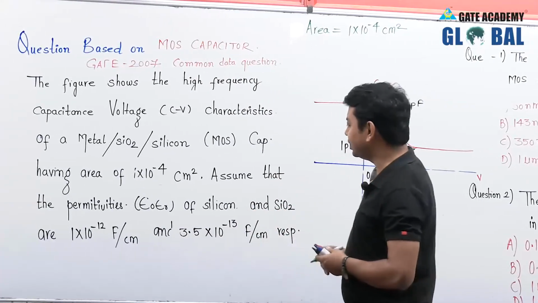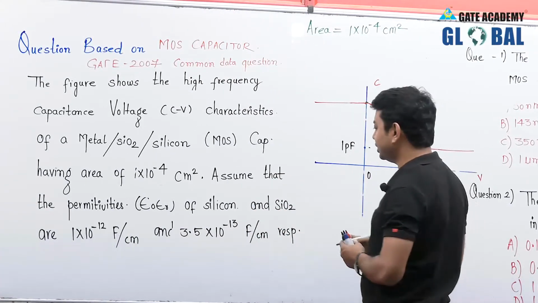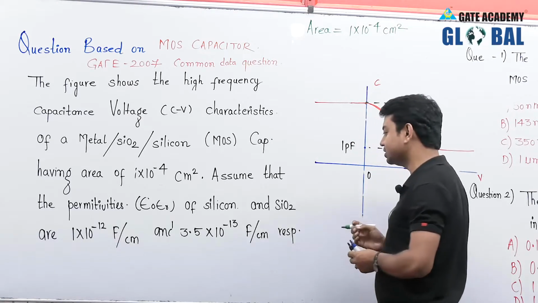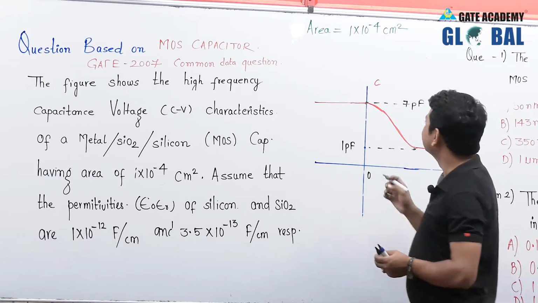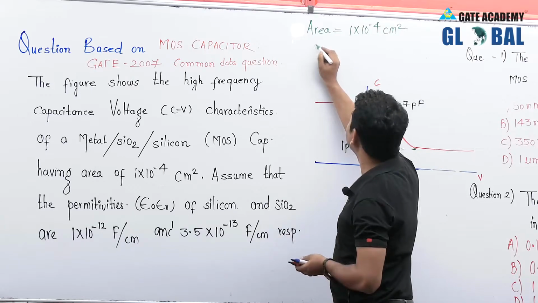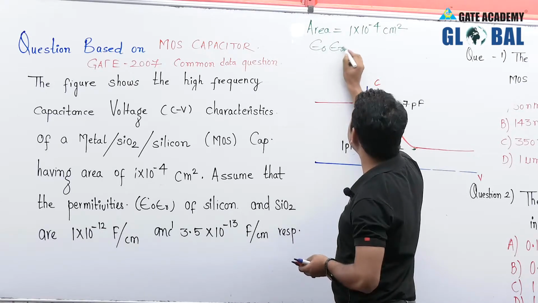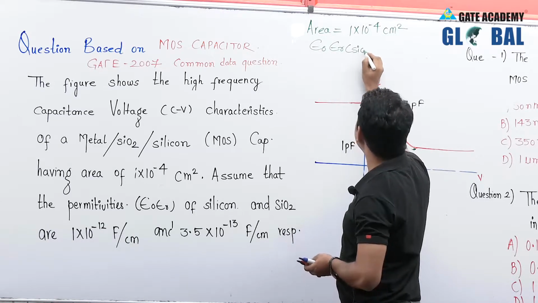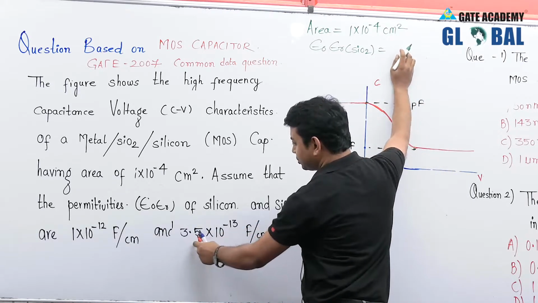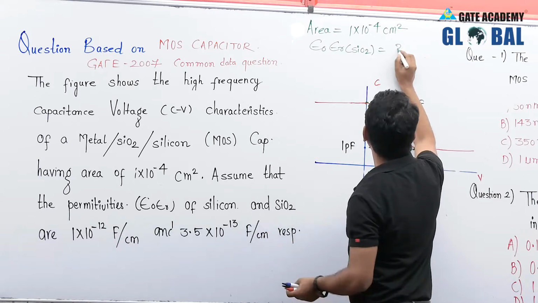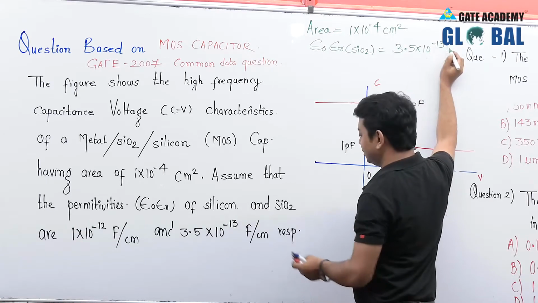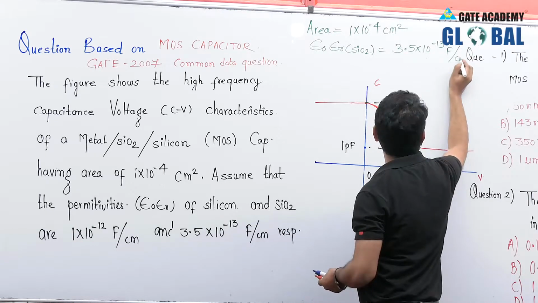Assume that the permittivity epsilon naught epsilon r of silicon and silicon dioxide are 1 into 10 to the power of minus 12 and 3.5 into 10 to the power of minus 13 farad per centimeter. We have epsilon naught epsilon r for silicon dioxide, which is 3.5 into 10 to the power of minus 13 farad per centimeter.